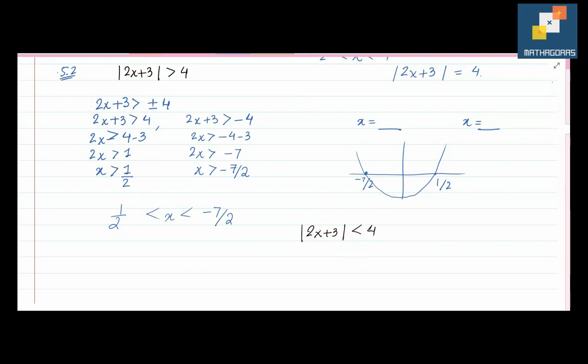Now what does the sign represent, or how will it affect our solution? Same graph, because when the equation is same, you will get the same values of x. So one is 1 upon 2 and one is minus 7 upon 2, and I draw the curve like this. When we have a sign of lesser than, the values of y are lesser here, right?